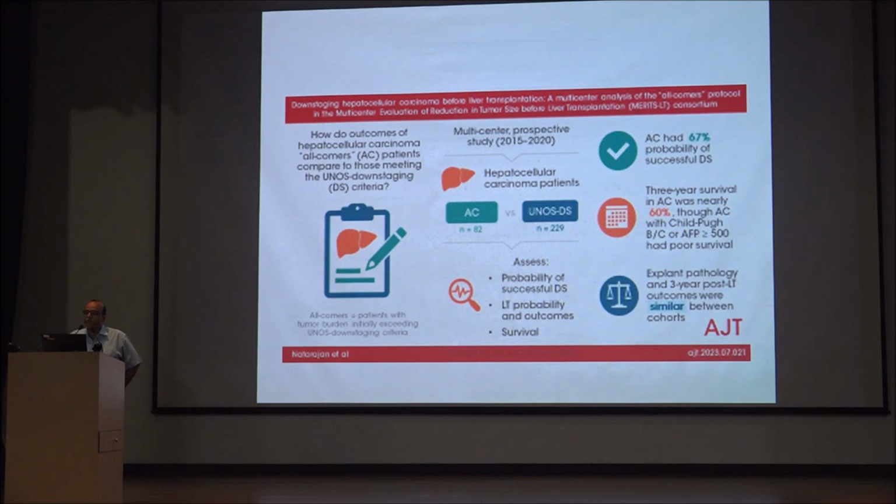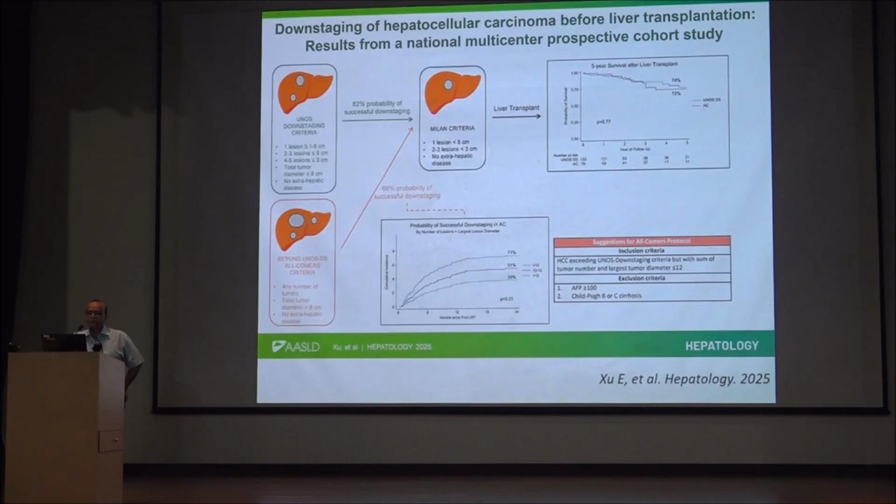Here also they have not reported 5-year survival. Though all-comers with Child score B/C and AFP more than 500 have poor survival. Explant pathology showing complete tumor necrosis had a better outcome than residual tumors.